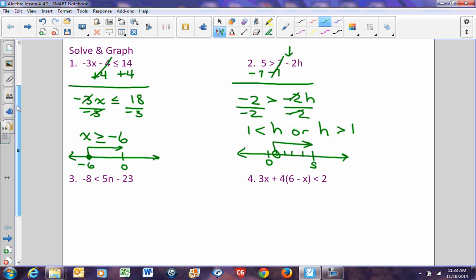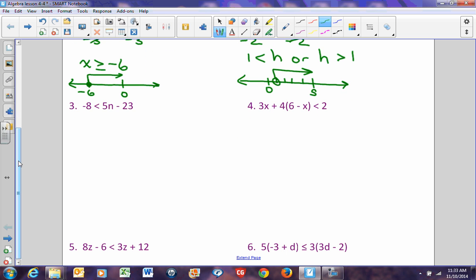Number 3 here, negative 8 is less than 5n minus 23. They subtracted 23, so I will add 23 because we always get rid of addition and subtraction first. Negative 8 plus 23 is going to give me 15.